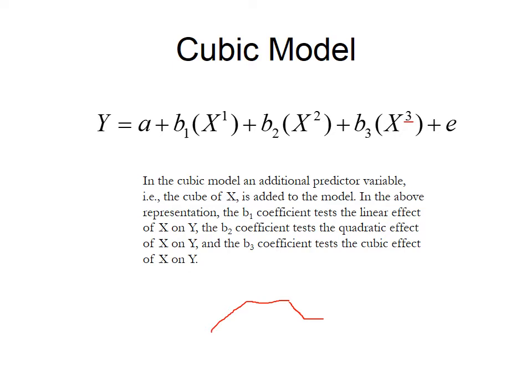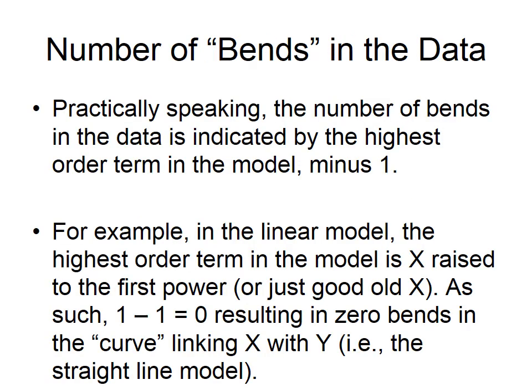So there's a simple relationship between how many polynomial terms we have, and basically you subtract 1 from the highest order, and that's how many bends you get. So if you square a variable, you would actually get 1 bend. So you raise it to the 2nd power, so 2 minus 1 gives us 1 bend.